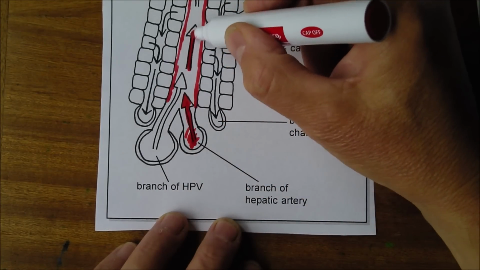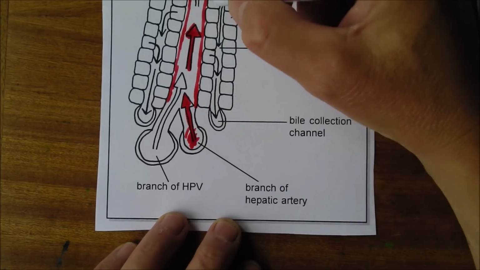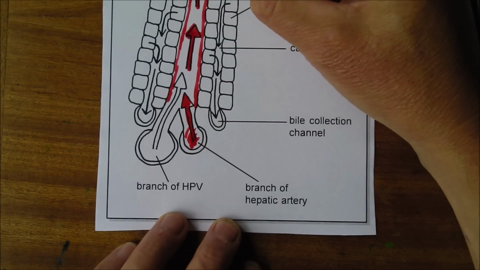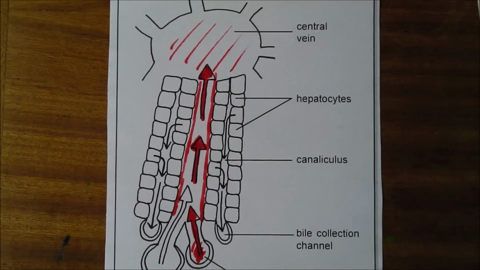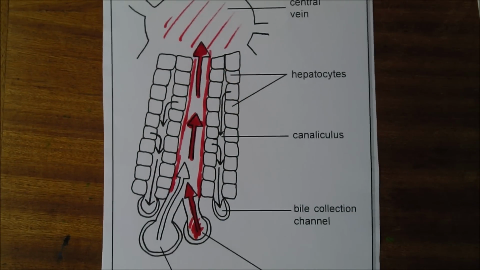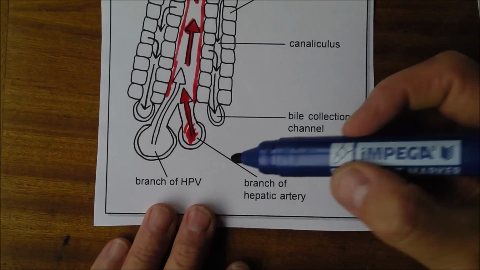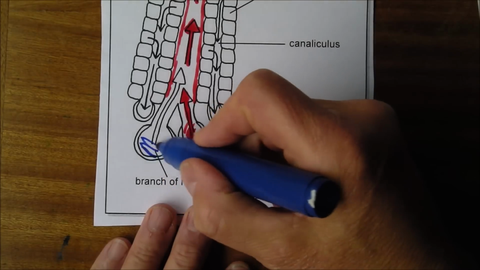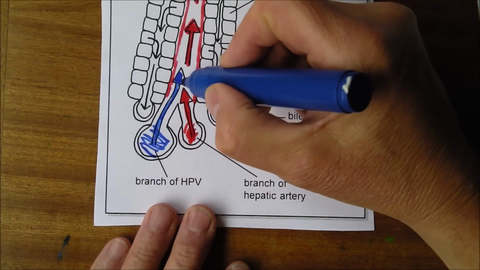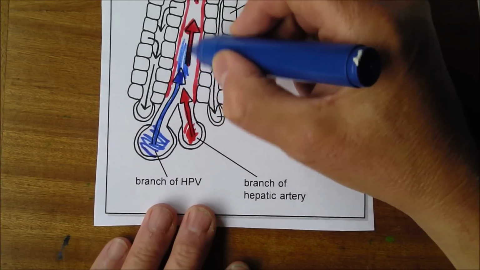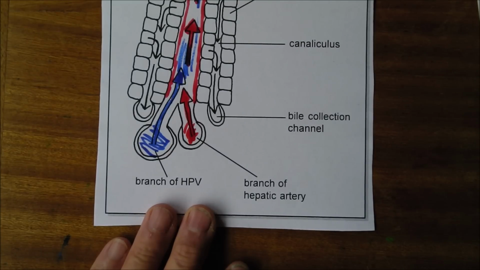In this case, about 30% of the blood supply to the liver is from the hepatic artery. Most of the blood to the liver, though, comes from the hepatic portal vein. And that blood is also going to drain into the sinusoid, mixing with the blood from the hepatic artery, going towards the central vein for drainage.